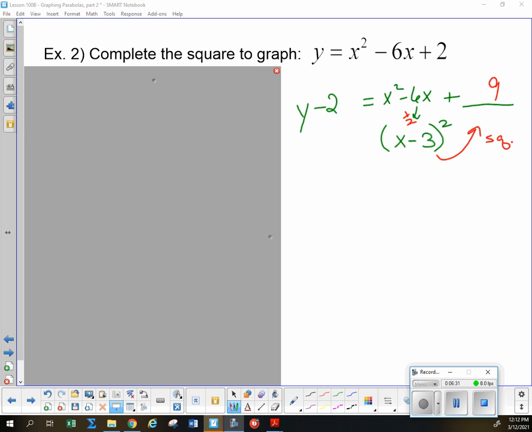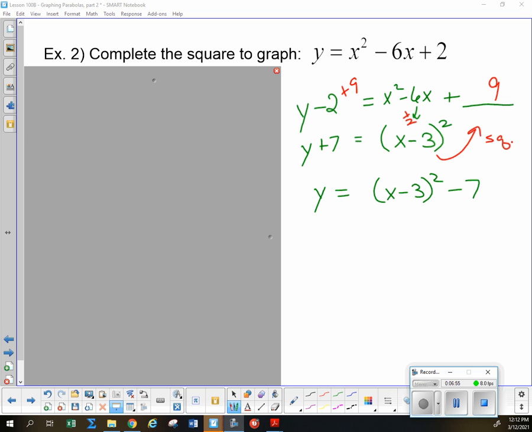But if we add 9 on the right, we know that we need to add 9 on the left, giving us y plus 7 equals (x minus 3) all squared. So now bring the 7 over to the other side, and now it is in my vertex form, (x minus 3) squared minus 7.